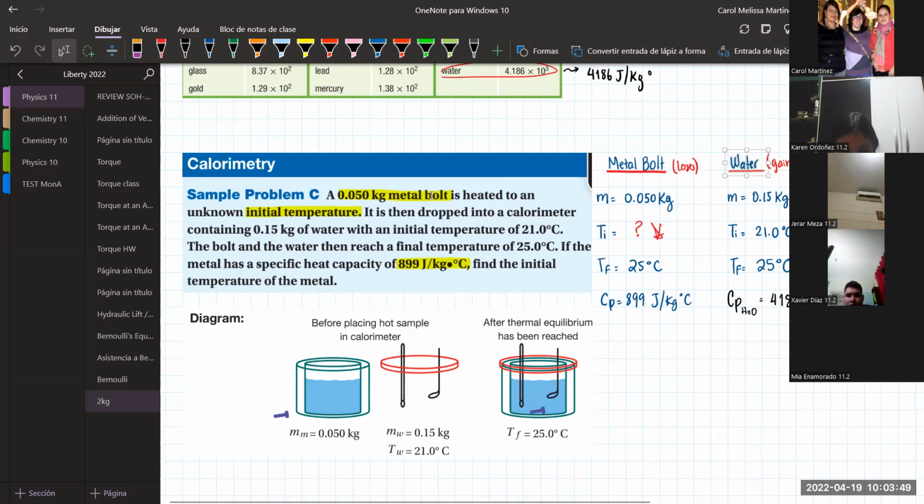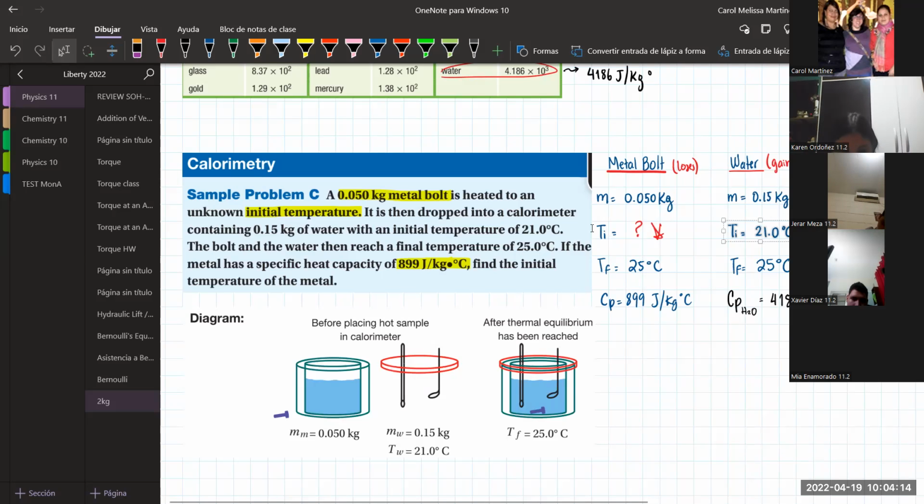It says 0.05 kilograms metal bolt, that is the mass of the metal bolt. It's heated to an unknown initial temperature, which means the initial temperature is unknown. Then it is dropped into a calorimeter containing water, which means the other substance is water. The mass of water is 0.15 kilograms, and it has an initial temperature of 21 Celsius.